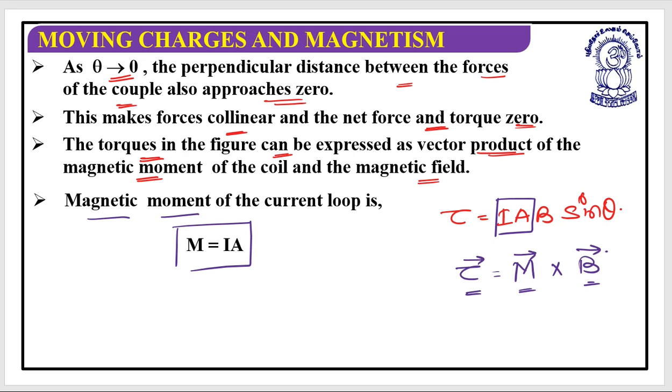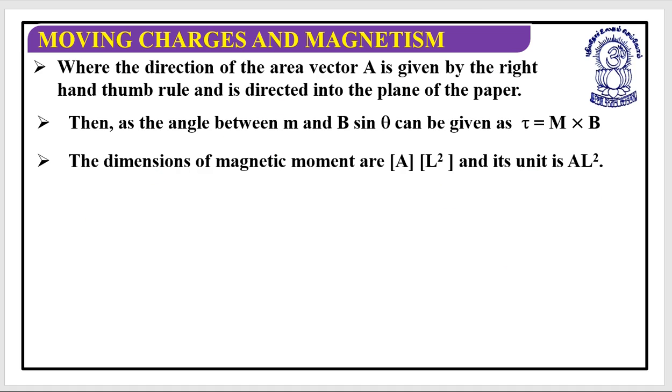And this can be represented as the cross product of magnetic moment M and magnetic field B. Is it clear? Great. The direction of the area vector A is given by the right hand thumb rule. We are talking about the magnetic moment M, and it is directed into the plane of the paper.